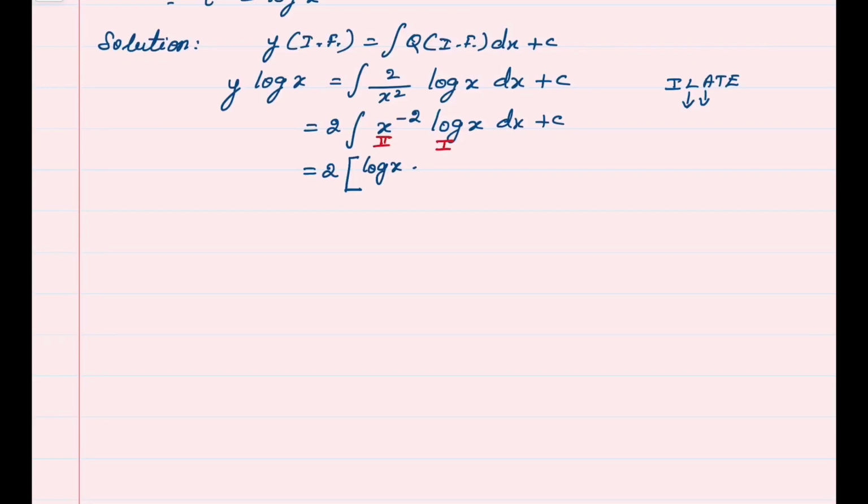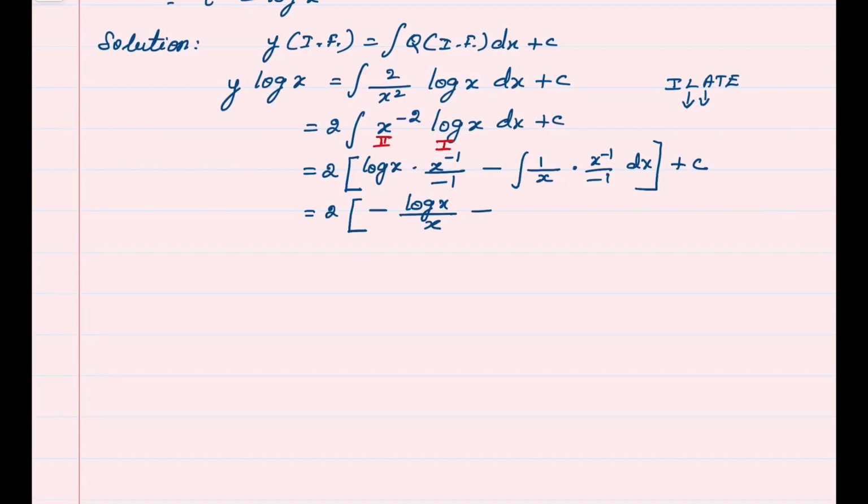Integral of x raised to minus 2, we will use the x raised to n plus 1 by n plus 1 formula. It becomes x power minus 1 by minus 1, minus integral of differential of the first function. Differential of log x is 1 divided by x times integral of the second function, plus c. 2 times minus log x divided by x.